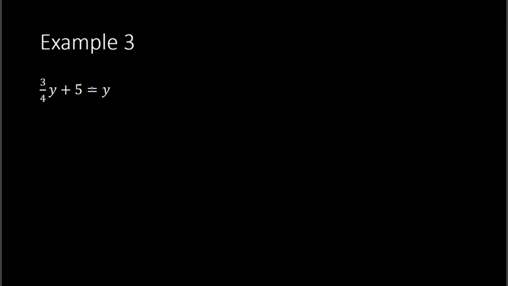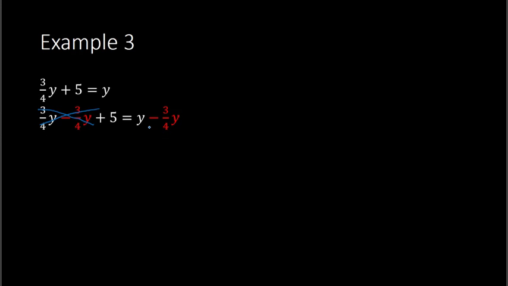Well, to do that, I can subtract 3/4 y, because a positive 3/4 y minus 3/4 y would cancel. That would be gone on the left side. So on the left, I'm left with the number 5. And on the right side, I have y minus 3/4 y.